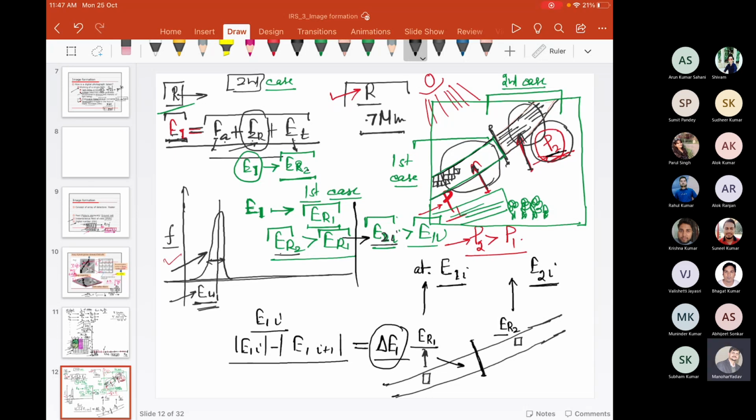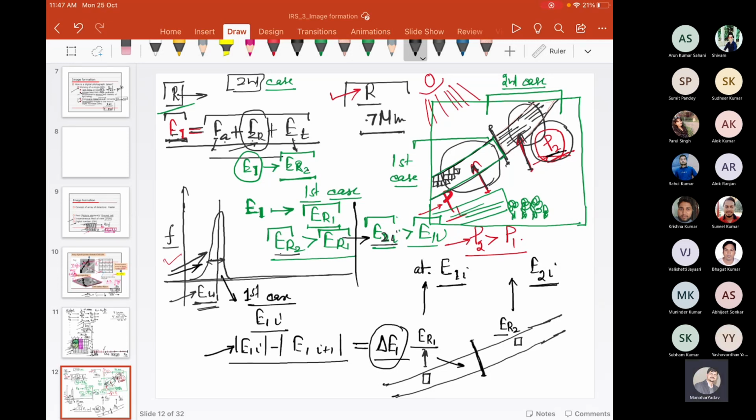The reason is that the characteristic of water in the first case doesn't change significantly because, as I said, it is clear water. So the energy may be slightly different, but they are very close to each other, as it is plotted over here in this histogram. Let's say this histogram represents the first case first.